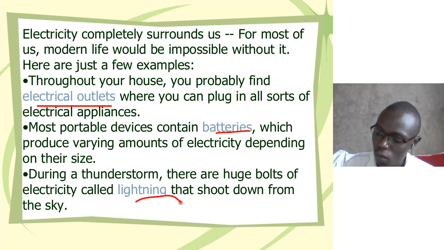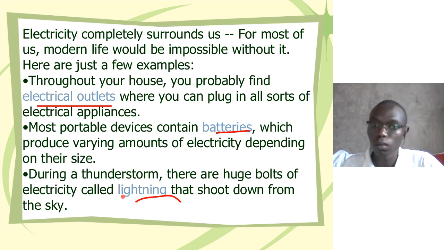We have lightning as a source or as a result of collision between what we'll call later the plates of a capacitor. So from a thunderstorm, electricity in form of lightning can be generated.